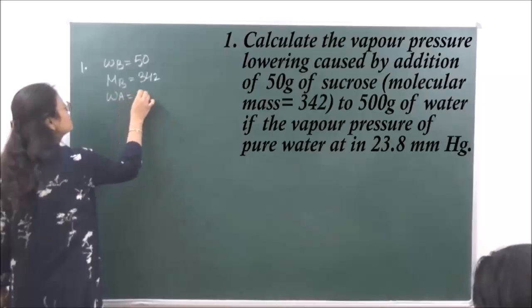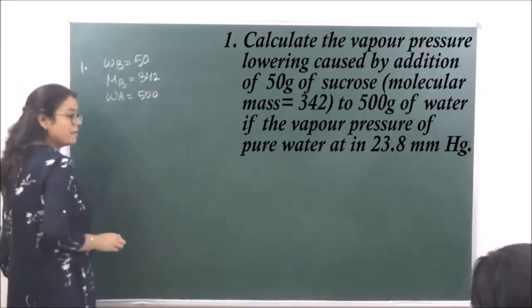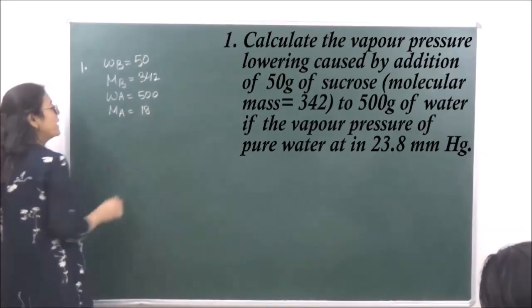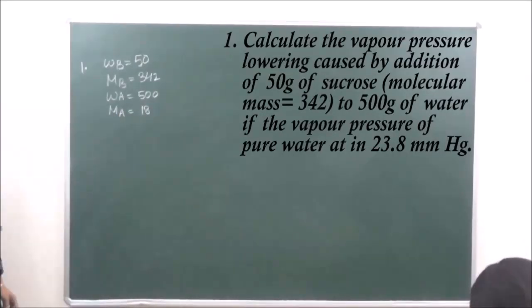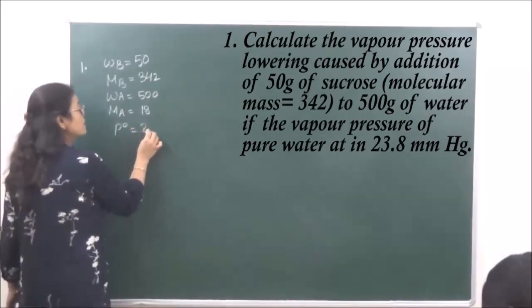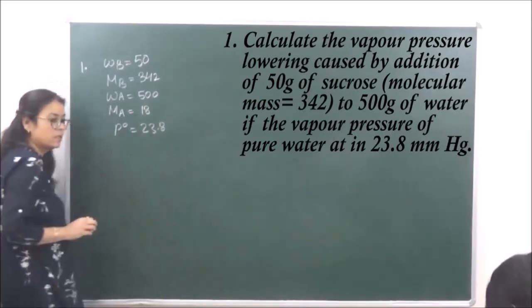WA given is 500 grams and MA, the molar mass of water, is 18. If the vapor pressure of pure water is 23.8, then P naught given to us is 23.8.